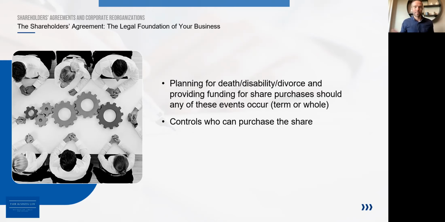whether that's because of an unfortunate event such as an unexpected death or a disability of one of the shareholders who's involved in growing and managing the business, or perhaps it's because there was a divorce and one of the shareholders is now involved in a divorce proceeding, and so the other remaining shareholders have a desire to protect the business, and so they have put some provisions in place to ensure that the shares don't go to the ex-spouse of the shareholder, or simply because one of the shareholders wants to move on.